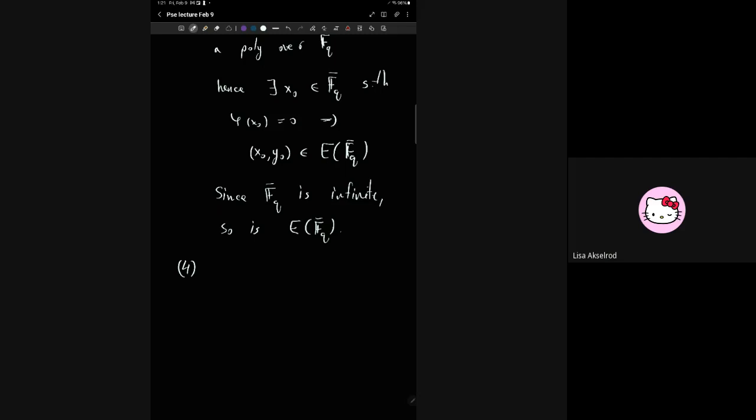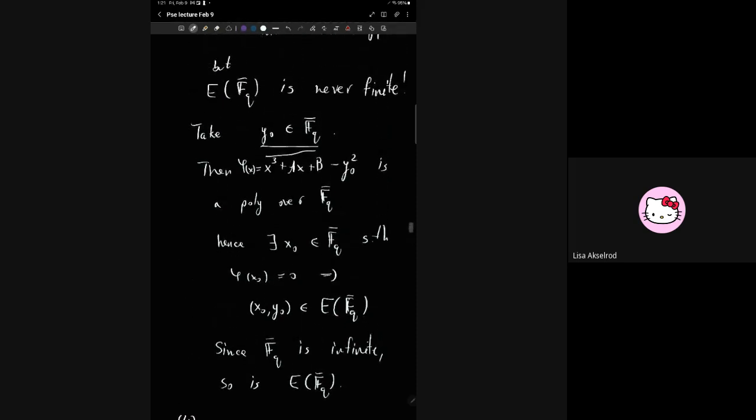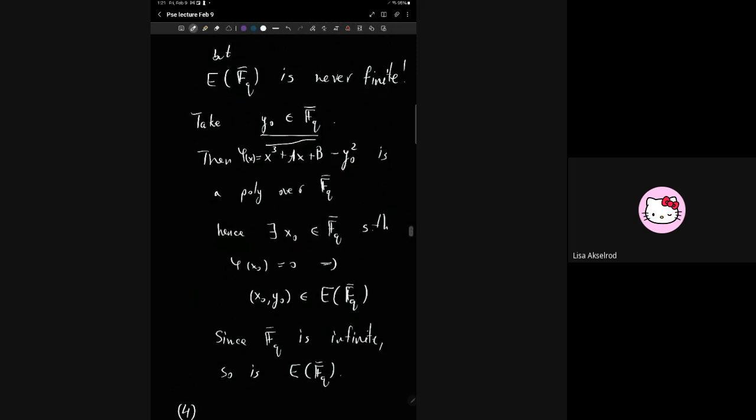Yes, but there are infinitely many y0s because FQ bar is infinite. I don't know, it seems like they refer to each other, the infinite number of y0s and the infinity of FQ bar. So I can't understand how we make the conclusion.